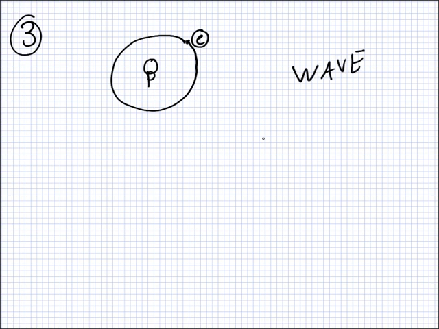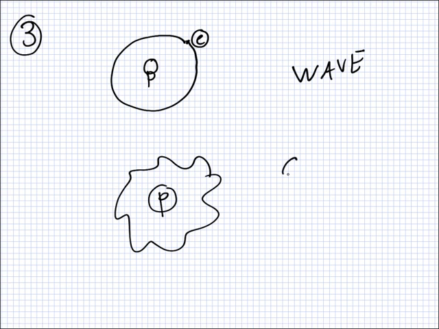So, I'll try and explain. Here's the proton, here's the electron. But remember we learned last time that we can view this as a wave as well. So here's the proton and here's the electron as a wave. In chemistry you also called it a cloud maybe. So you can view it like a wave.